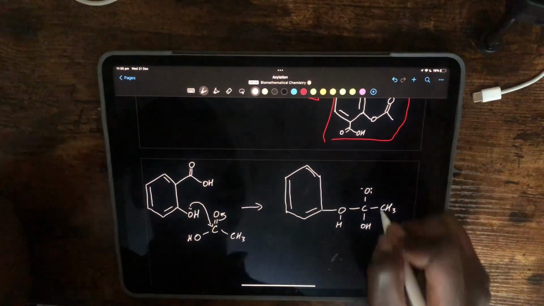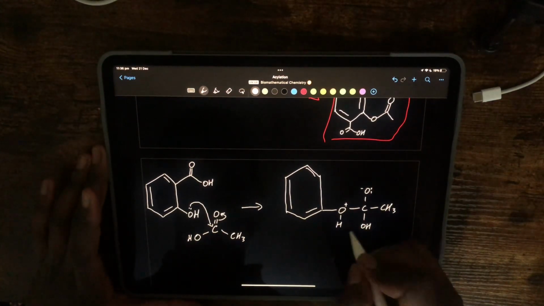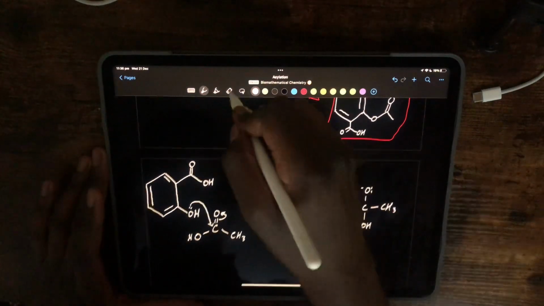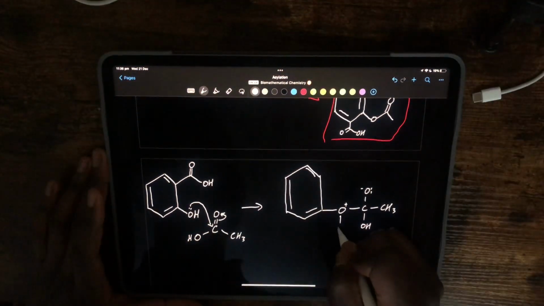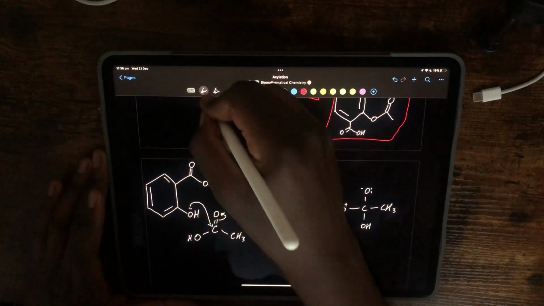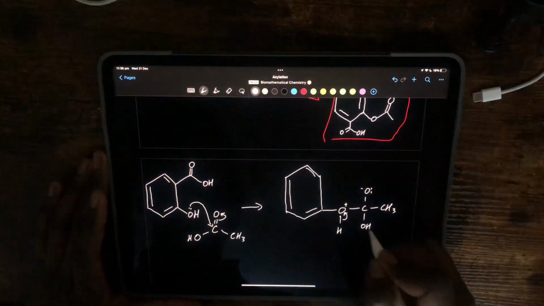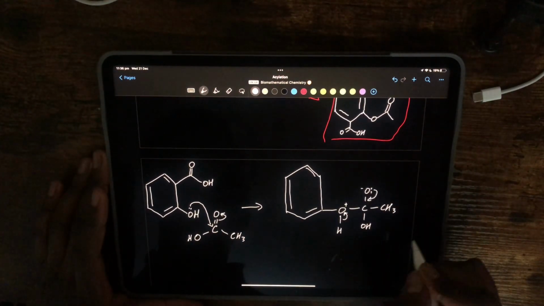So now that we've formed this here, remember this is a positive charge now because it's got three bonds. I can elongate this bond a little bit more just to make it easier for you to show your arrow. I'd go from there to there to show that that's happening there.